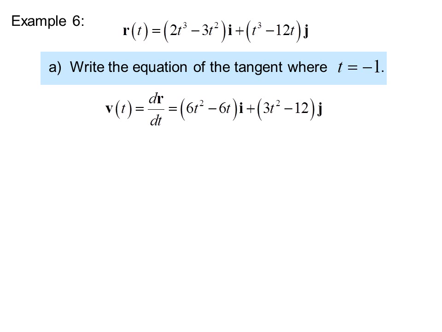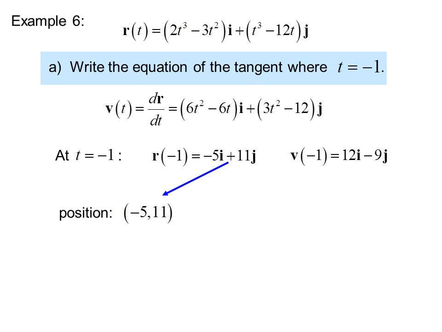Now, to write the equation of the tangent line, we need a point and the slope. At t equals negative 1, r of negative 1 equals negative 5i plus 11j. v of negative 1 equals 12i minus 9j.